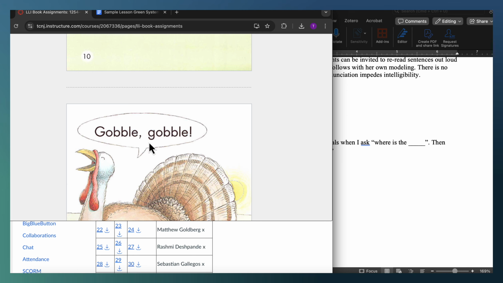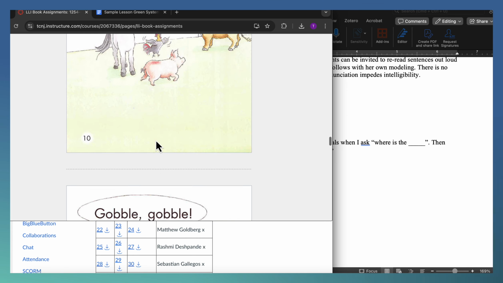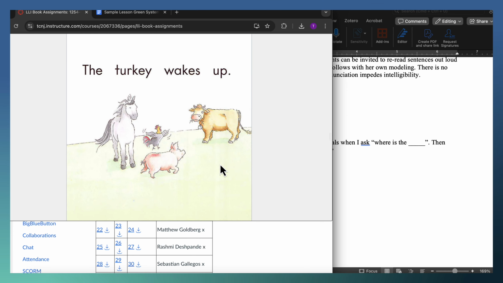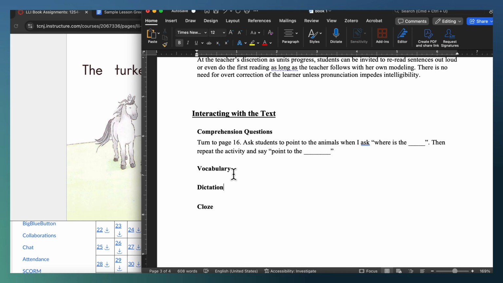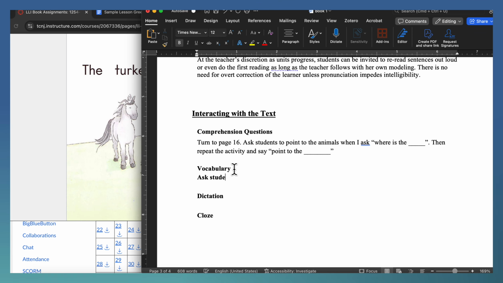Keeping in mind that these two pages are facing each other, they say the word turkey, and then I say, can you point to the word turkey? Ask students to point to the printed word when you say it. So at a very basic level, this is what I'm asking students to do. I'm not going to do much more than that on day one.